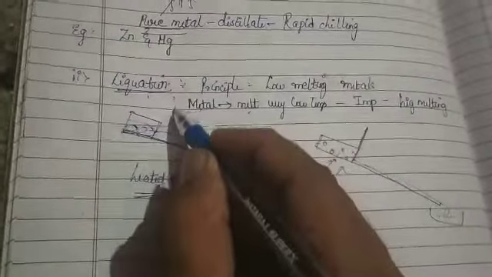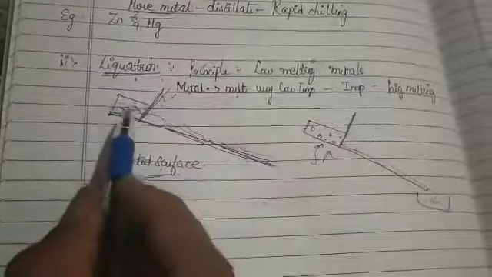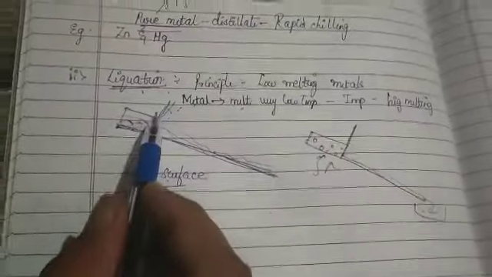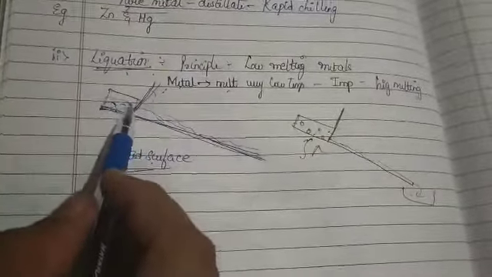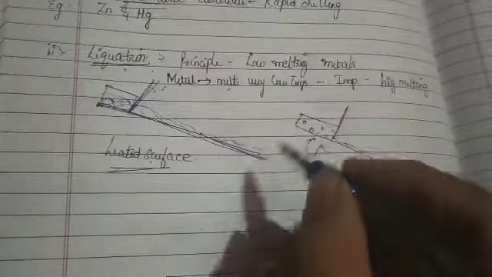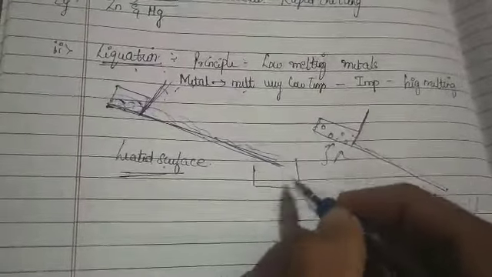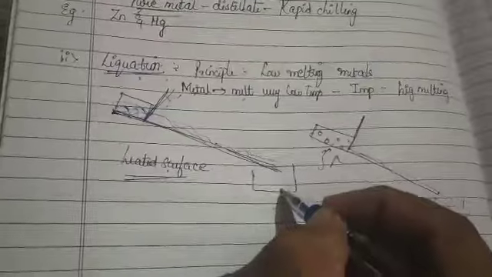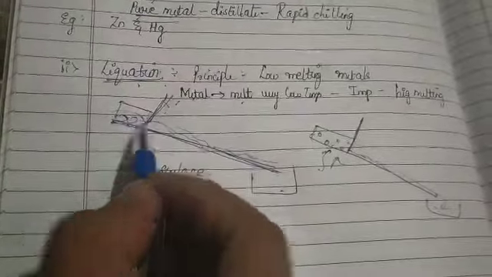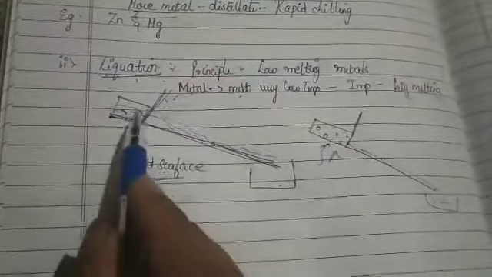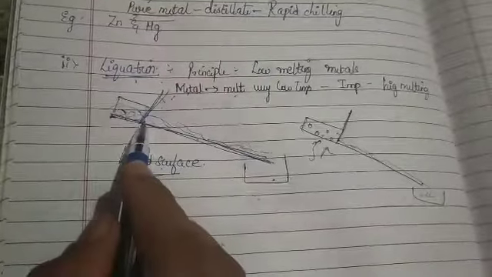So here also we have a blocker. You are going to heat this metal at its melting point. Your metal starts to melt, and whatever the melted part is will be collected in another container, whereas your impurities, which have a higher melting point, will remain at the initial position itself.